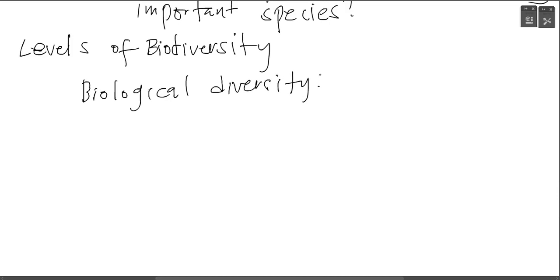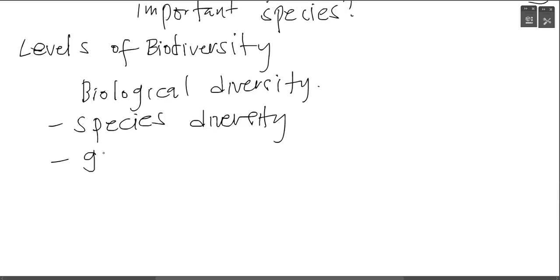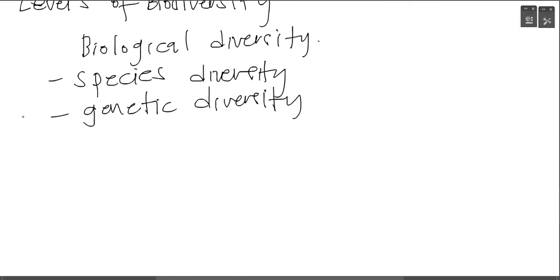Usually, scientists refer to the three levels of biodiversity, namely different kinds of organisms, or what they call species diversity; genetic information of the organism, which is genetic diversity; and different kinds of places where organisms live and the interconnections that bind these organisms together, which is called ecosystem diversity.